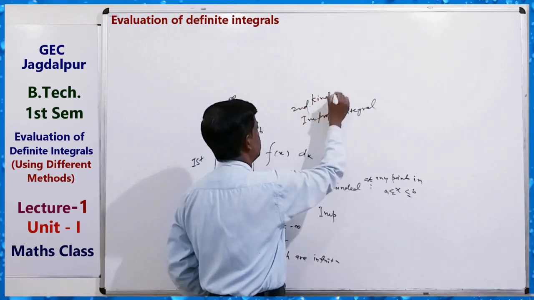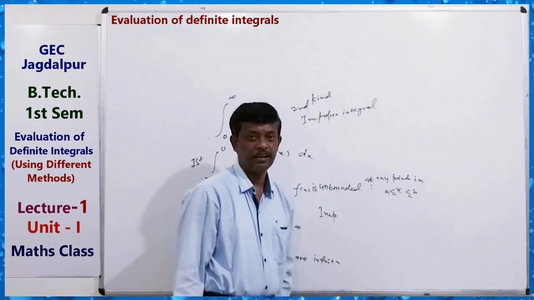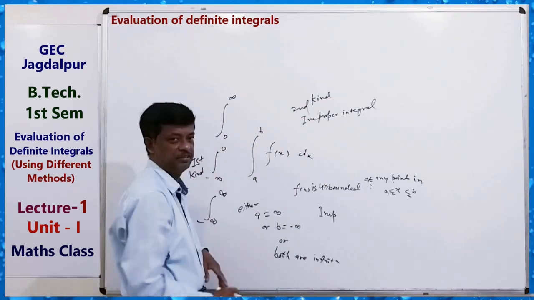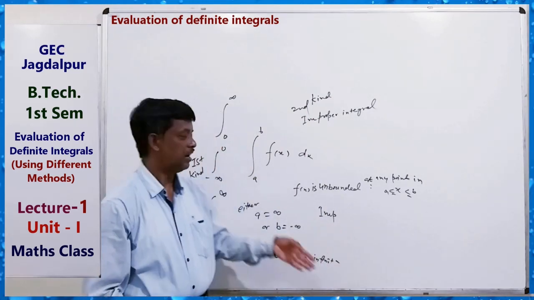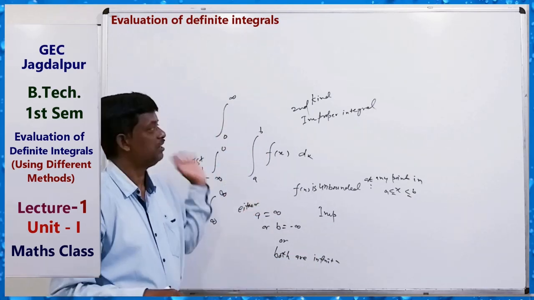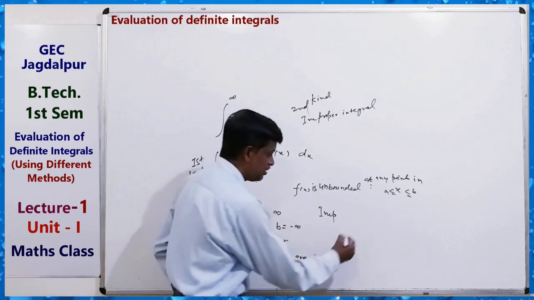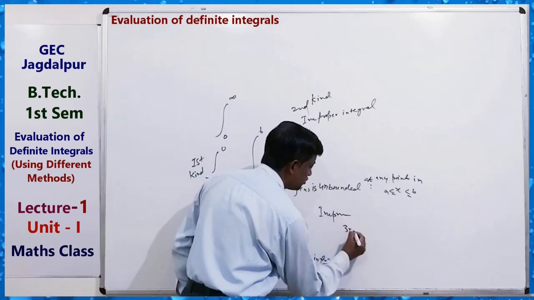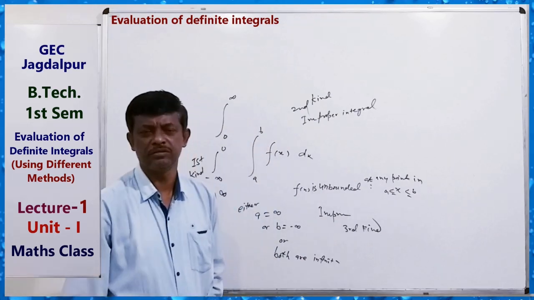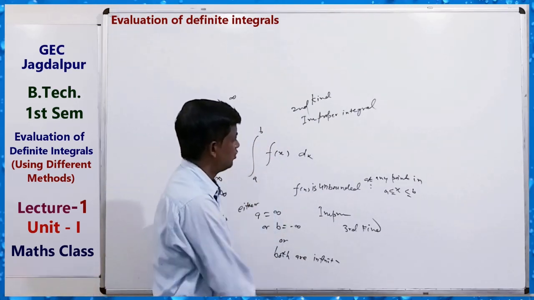If both types are mixed, the function is unbounded and a limit is infinity, then it is the third kind of improper integral. So we have to solve this type of integration also.